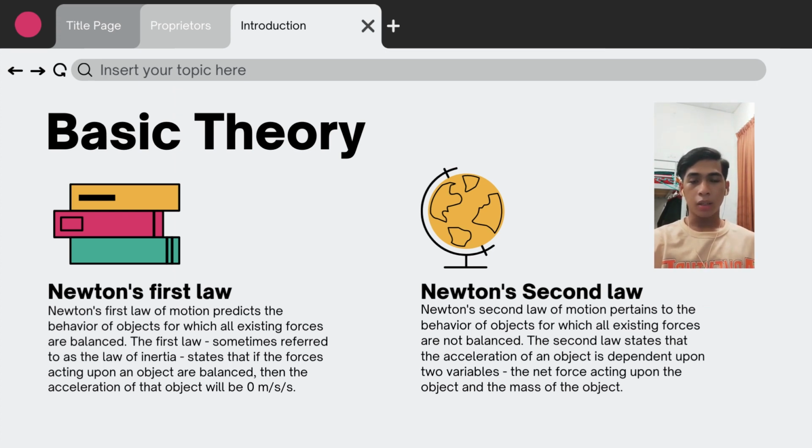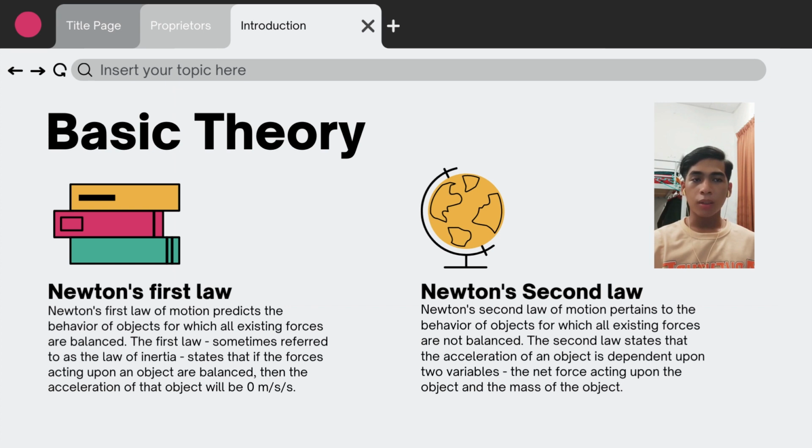Firstly, Newton's first law of motion predicts the behavior of objects for which all existing forces are balanced. The first law, sometimes referred to as the law of inertia, states that if the forces acting upon an object are balanced, then the acceleration of the object will be zero.